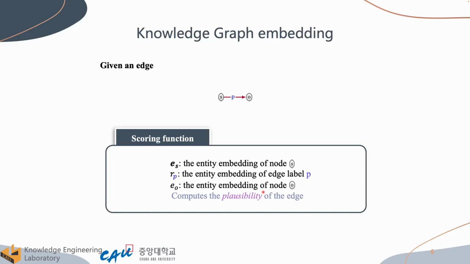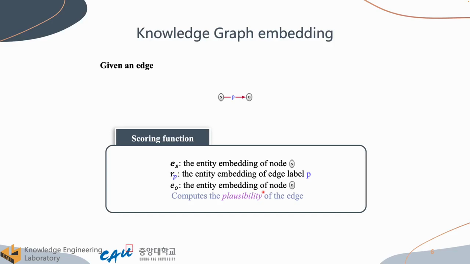Given a graph, the goal is then to compute the embedding of dimension that maximizes the plausibility of positive edges and minimizes the plausibility of negative examples. Typically, negative examples are edges in the graph with a node or edge label changed such that they are no longer in the graph.